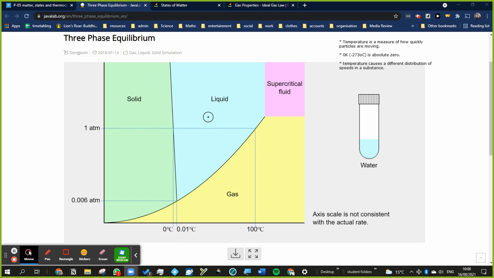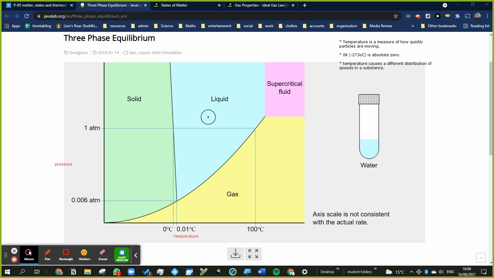So the x-axis is temperature, and the y-axis, I don't think I'm able to rotate this, which is a bit frustrating, but the y-axis is pressure.